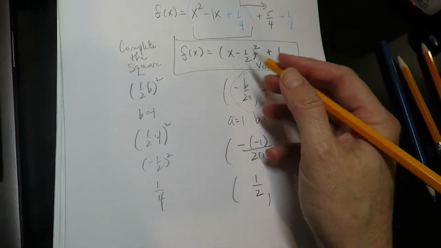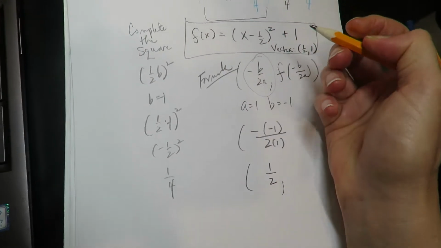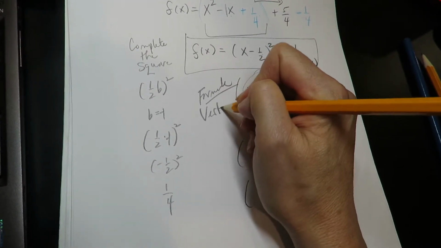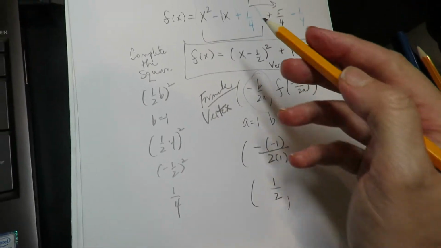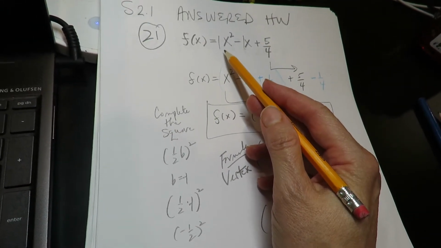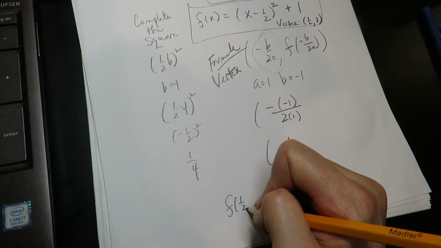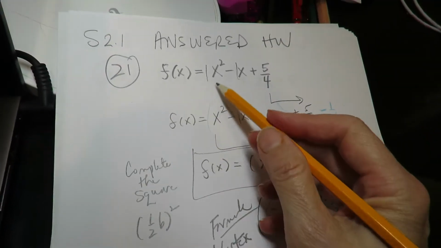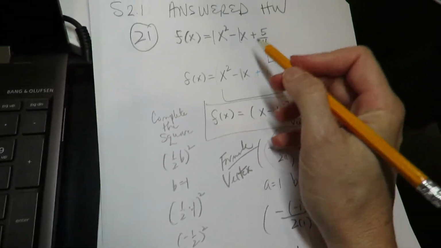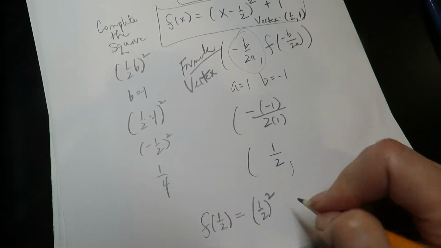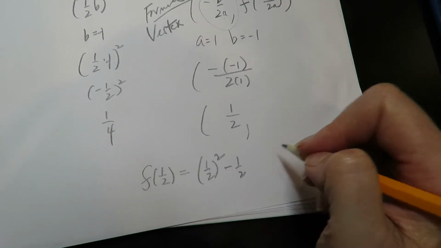Alright, so now if you're doing it the short way using the formula to find the vertex, you then have to take the 1/2, plug it into the original and solve for the output value. So I'm plugging it into here, so then I have to put it into x squared, then minus x, then plus 5/4. Okay.